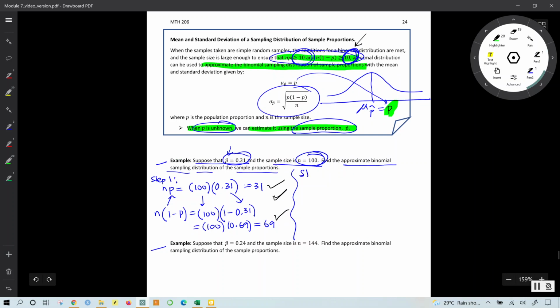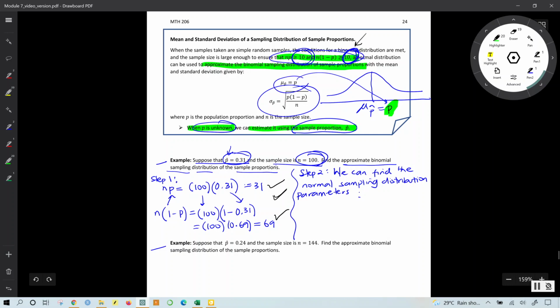So step 2 will be that we can find the normal sampling distribution parameters. The normal sampling distribution parameters are as follows. We can find the mean of p hat.